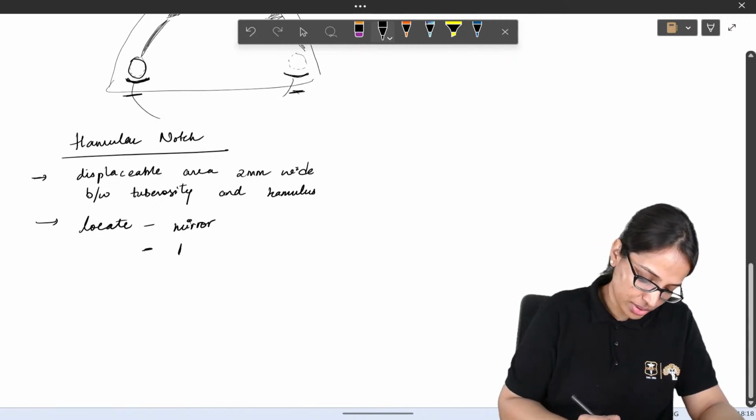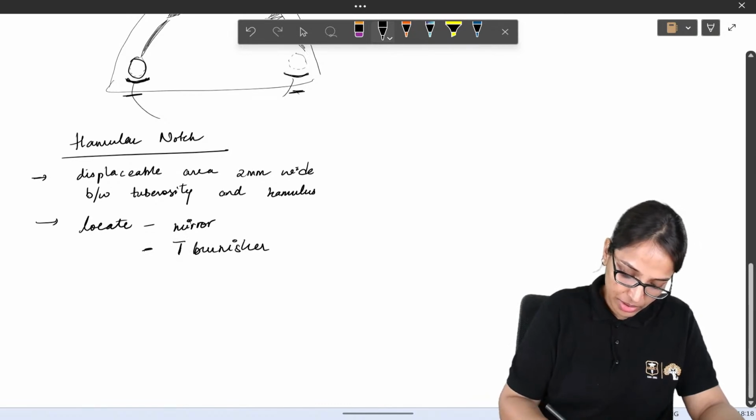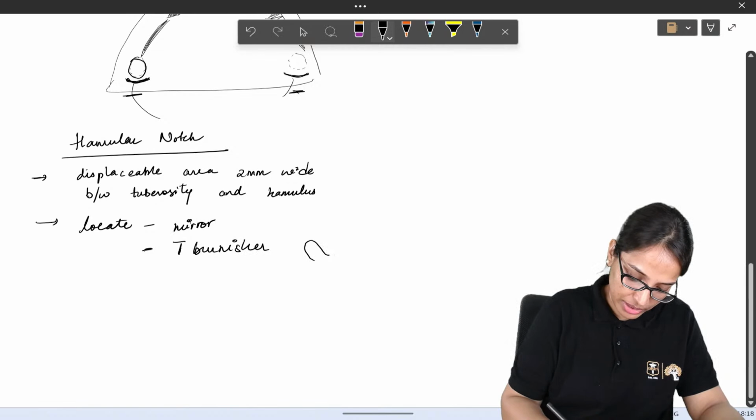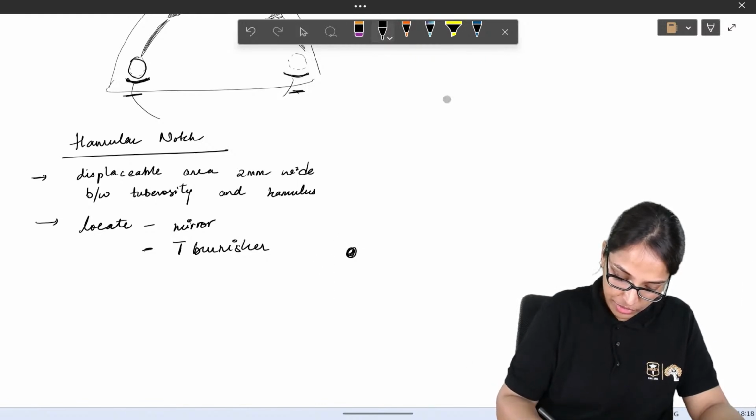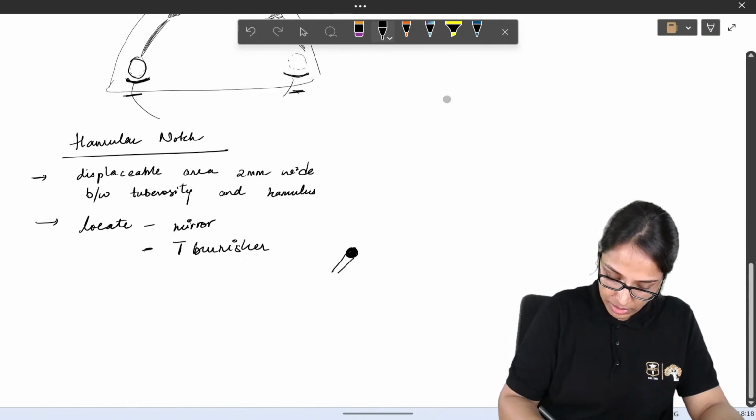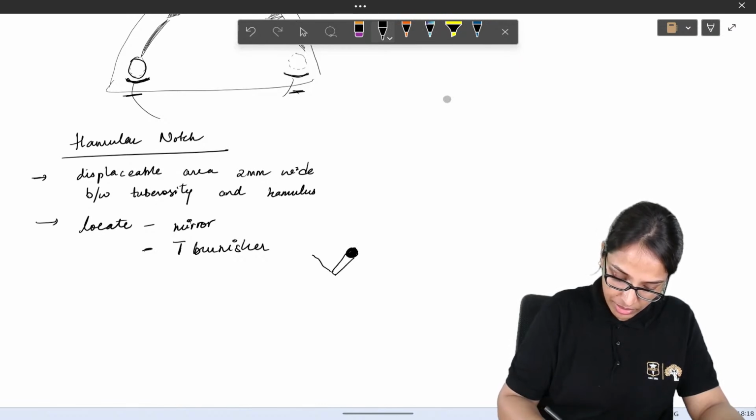Alternatively, you could use a T burnisher. A T burnisher has two ends. You have a ball end, and you have a flatter end of a T burnisher.